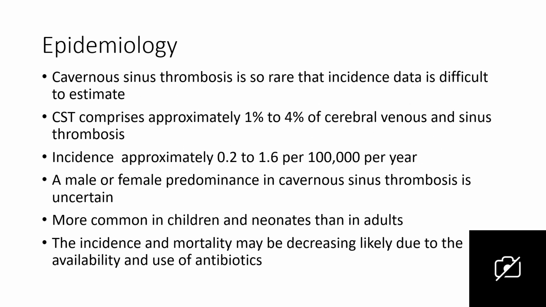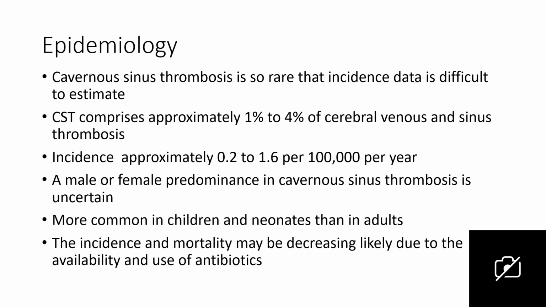Now, let's look at the epidemiology of cavernous sinus thrombosis, which is so rare that incidence data is difficult to estimate. It comprises approximately 1% to 4% of cerebral venous and sinus thrombosis. Incidence is approximately 0.2 to 1.6 per 100,000 per year.